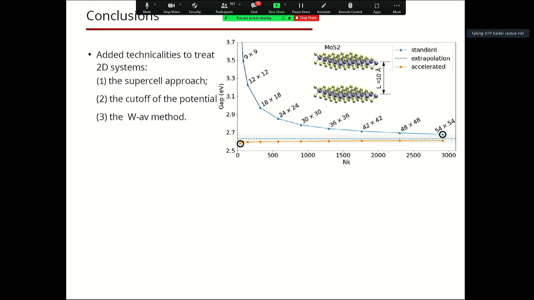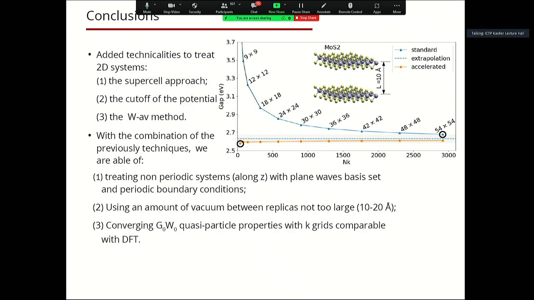So to conclude, there are three technicalities that should be taken into account in order to simulate a two-dimensional system. The first one is the supercell approach. The second one is the cutoff of the potential. And the third one is this W-averaging method that speeds up the convergence with respect to the number of k-points.